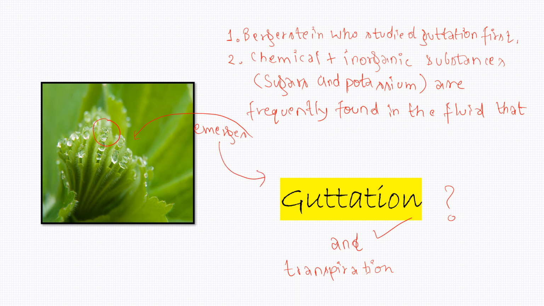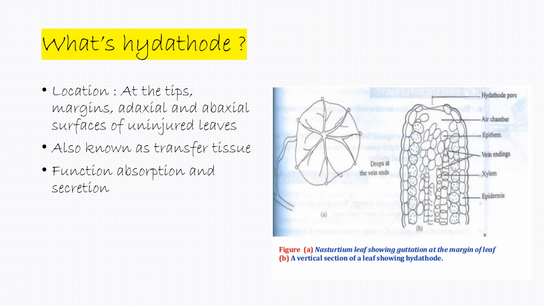Okay, now moving on to the next topic, what is a hydathode? Hydathodes are found in vascular plants and also work as an entry site for many vascular pathogens.